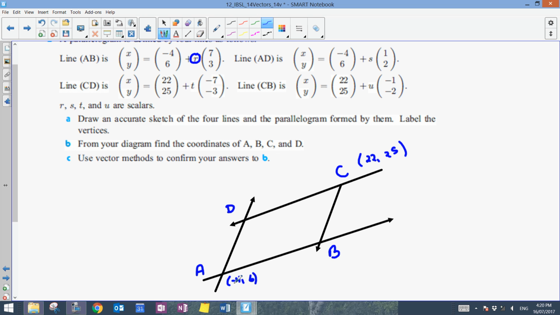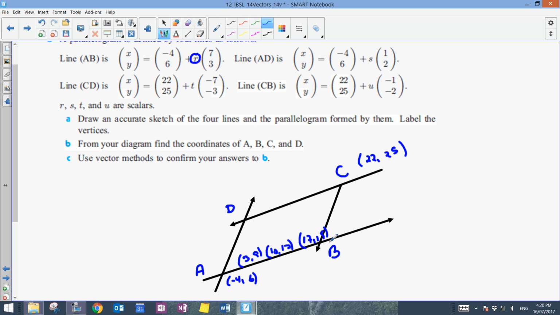If R was equal to 1, I would be at 3, 9. If R was 2, I would be at 10, 12. If R was 3, I would be at 17, 15.